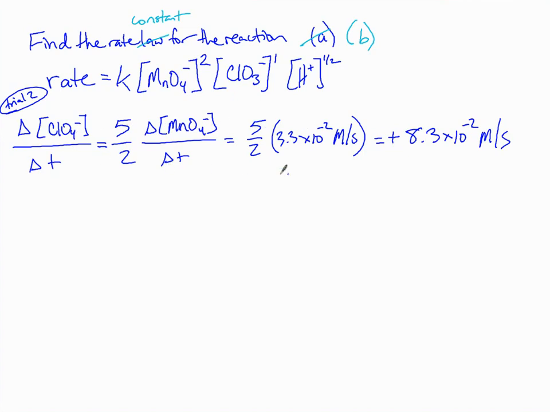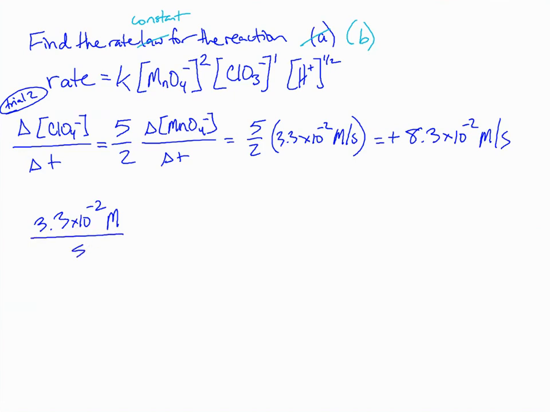This method never really made a lot of sense to me. It does, it just takes me longer. So let me show you a possible alternative here. What I end up doing a lot of times is something like this. I take the original number, so we've got 3.3 times 10 to the minus 2 molar per second.